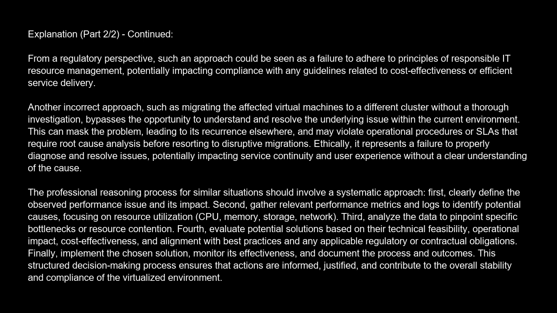Fourth, evaluate potential solutions based on their technical feasibility, operational impact, cost-effectiveness, and alignment with best practices and any applicable regulatory or contractual obligations. Finally, implement the chosen solution, monitor its effectiveness, and document the process and outcomes.